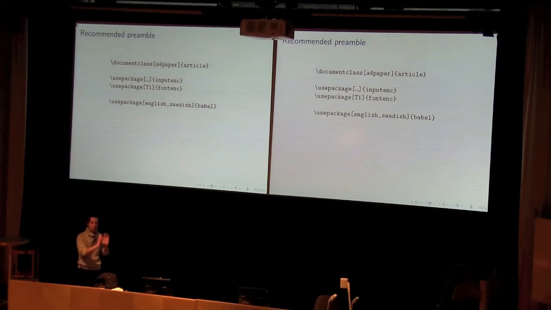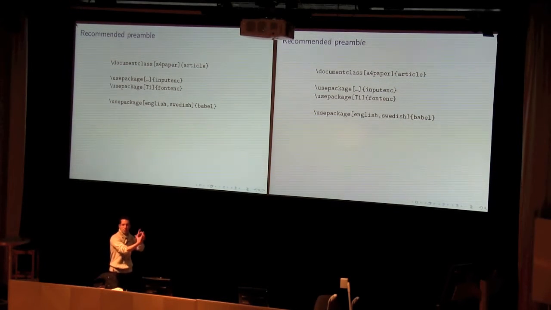You have seen that when you want to put an umlaut on an O, the kind of character that is used in German, and it's not on your keyboard, you have to use backslash, the double quotation mark, and the O, maybe in curly braces.